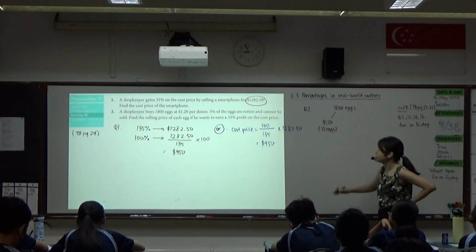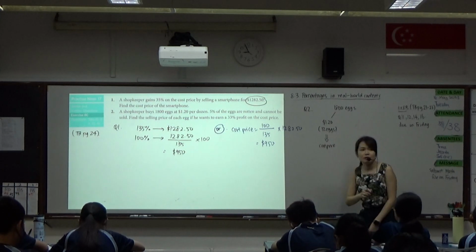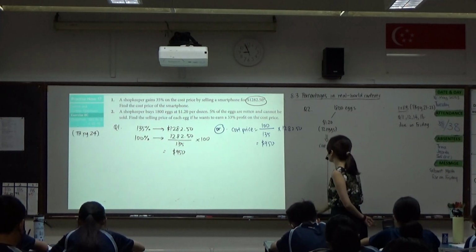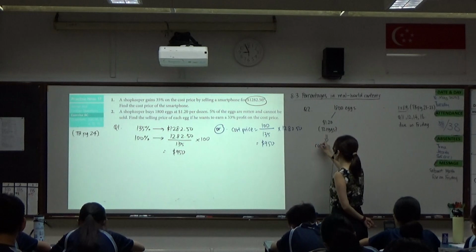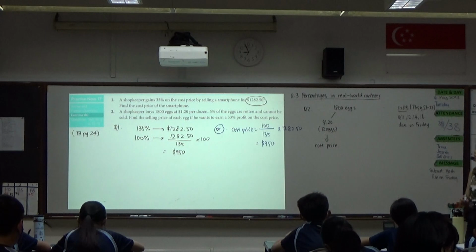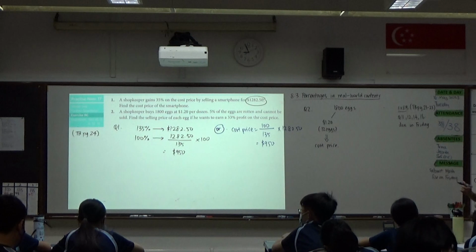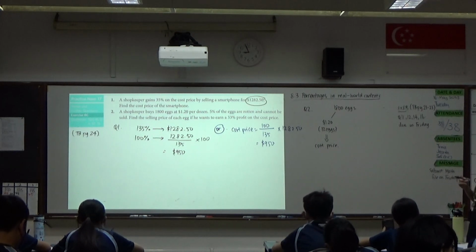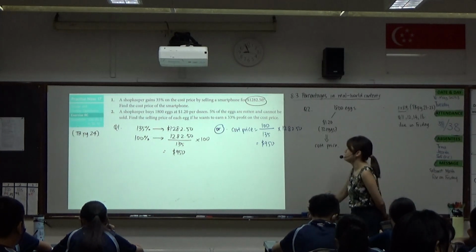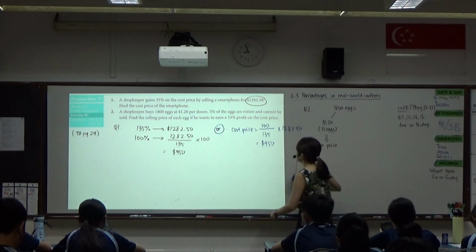This will help us to find out the cost price of your 1,800 eggs. Then the question says that 5% of the eggs are rotten and cannot be sold. So we can find out how many eggs he eventually managed to sell.